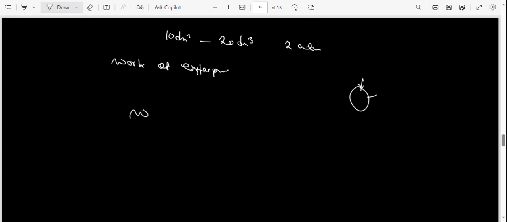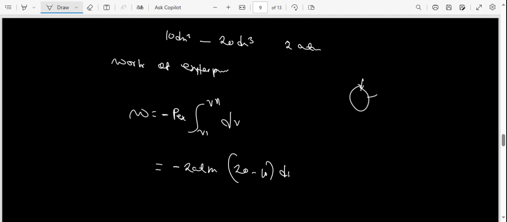So work is equal to negative external pressure times the change in volume, volume 1, volume 2, dV. What is my pressure? The external pressure there is 2 atm. So I'll say negative 2 atm, then open bracket. The change in volume now is 20 minus 10 decimeter cubed.